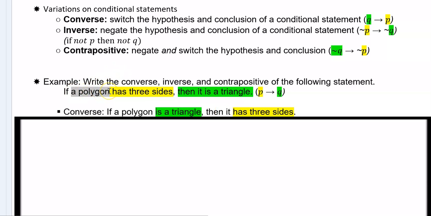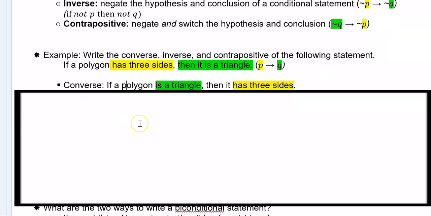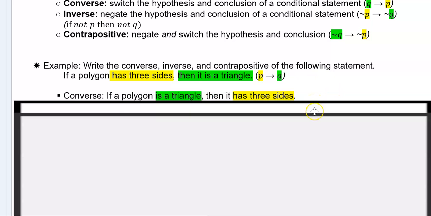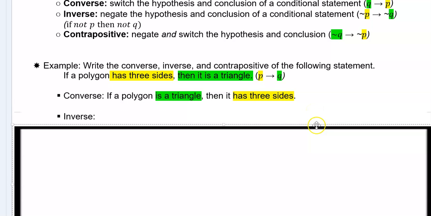Because the A polygon is not actually part of the hypothesis or conclusion, it's just the subject of the sentence. And if we keep that subject at the beginning rather than having a pronoun there, it's going to make it more specific and more understandable to people who are reading. As we're writing our converse, inverse, and contrapositive, we're following the standard rules of English, and we want to make sure that our writing is clear.